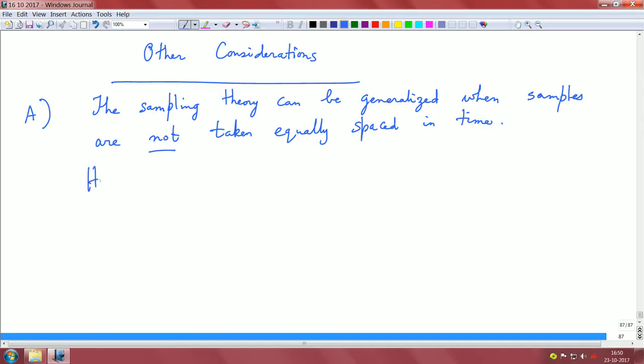Now, samples need not be equally spaced. So, there is work by Henry Landau on non-baseband non-uniform sampling.